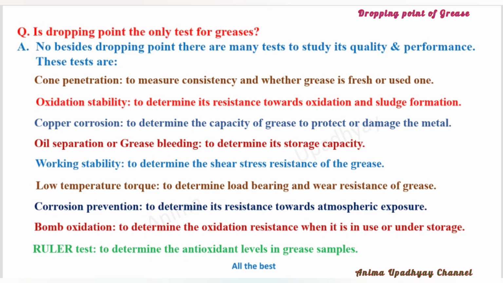Bomb oxidation test determines the oxidation resistance of grease when it is in use or under storage. The ruler test is a measure of the antioxidant levels in the grease samples.